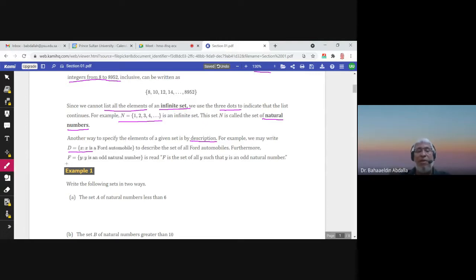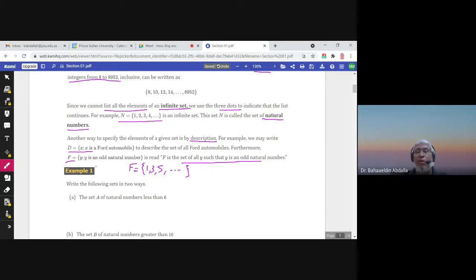Another example, capital F is the set of all Y such that Y is an odd natural number. You can write it like this by description, and here also you can list the elements, because the odd natural numbers are 1, 3, 5, and so on. So this is an infinite set.